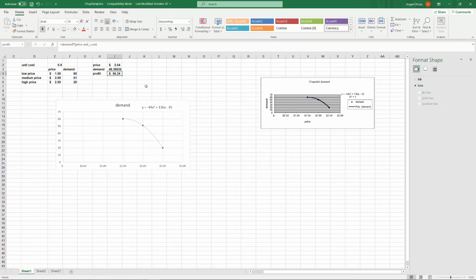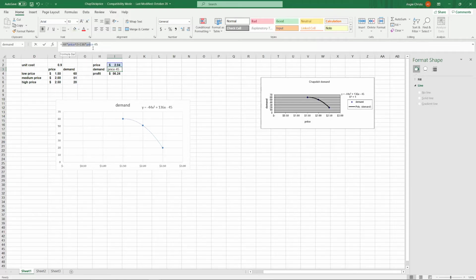So again, like before, because we want to find the profit, and the profit is demand times price minus unit cost, we type this out in one cell. This cell will have the price. So we type out this demand equation that we just found in a cell that we name demand.